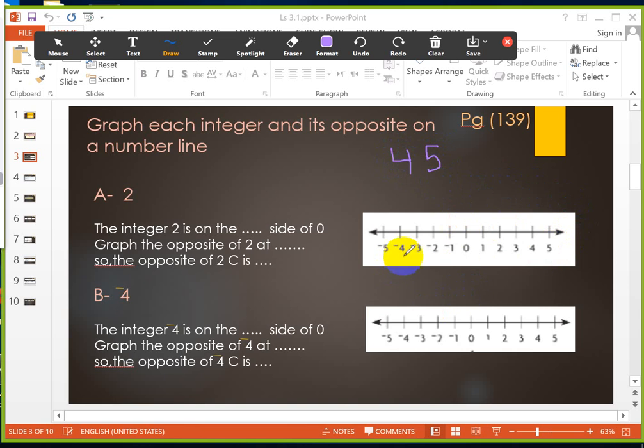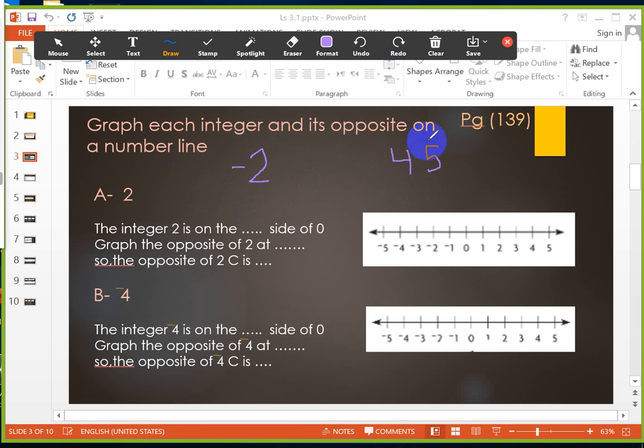If I told you in summer the temperature in Saudi Arabia will be 45 and in winter will be -2, to represent the temperature I use the negative number to tell you that the temperature is less than 0. That means this is a cold day, okay?